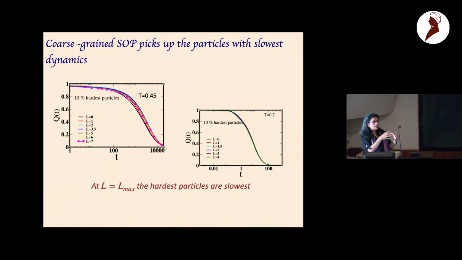I can put a coarse-grained value of the order parameter and see, at that particular temperature, which is going to best describe my slowest dynamics, and it will automatically come out which coarse-graining length, which order parameter, best describes the slowest dynamics.